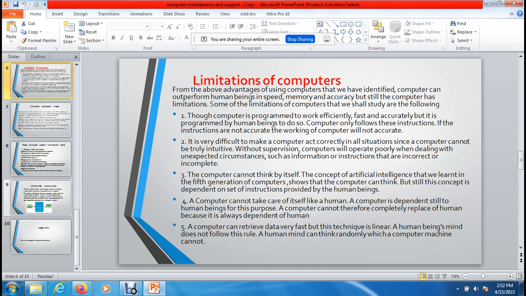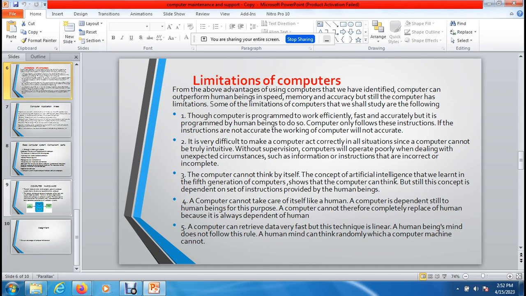The other limitation: it is very difficult to make a computer act correctly in all situations, since a computer cannot be truly intuitive.